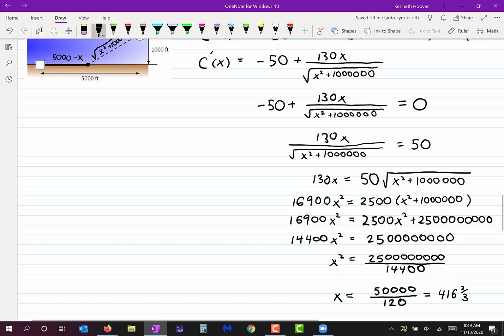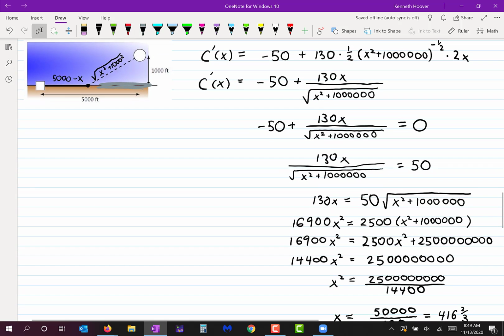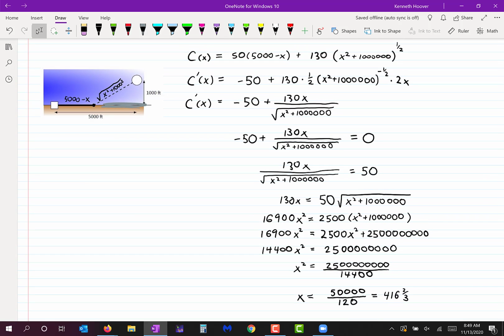Now, a couple of things. Number one, remember, x was this distance right there in the picture up there. Okay, so let's write that in. 416 2/3 feet, which would be 416 feet and 8 inches.